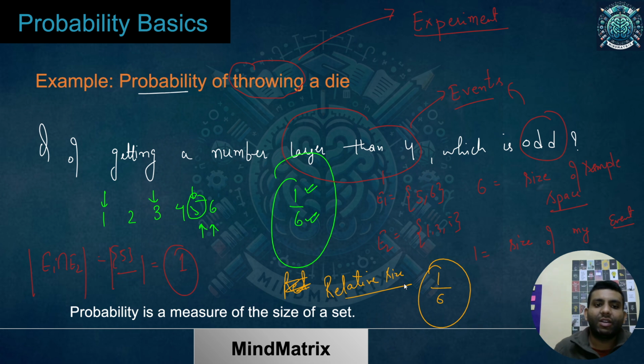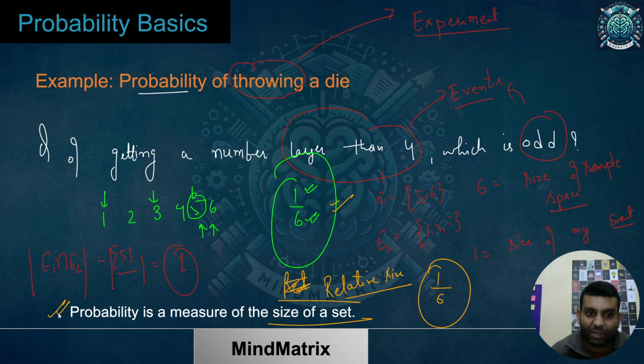When I talk about the word relative, that is always with respect to something, and that is with respect to my sample space. So probability is a kind of measure of the size of the set, the relative size of my event with respect to the sample space.